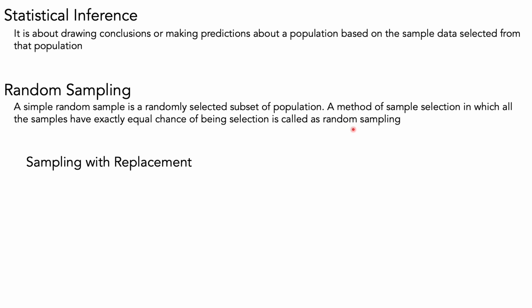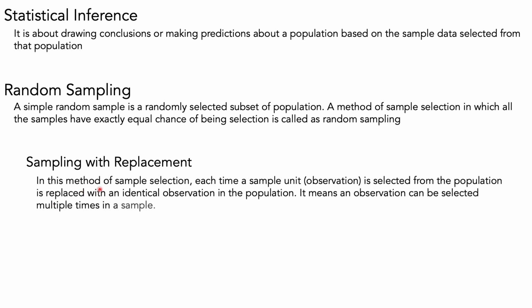It means the population does not miss anything. Once we have selected a sample, we replace it with an identical one in the population. So in this method, each time a sample unit, or observation, is selected from the population, it is replaced with an identical observation.